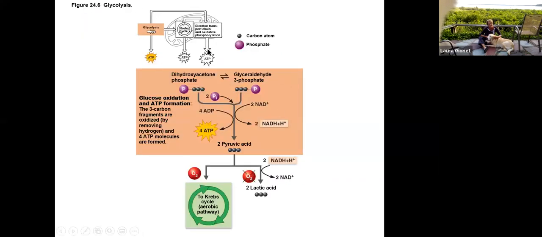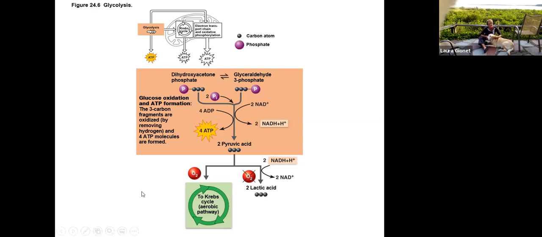So we can see, this is just an example, you don't have to memorize all these different steps, but we start with a glucose molecule, and we reap a certain number of ATP. We actually produce 4 ATP from this one phase of glycolysis with one glucose molecule, but we have to put in 2 molecules of ATP.